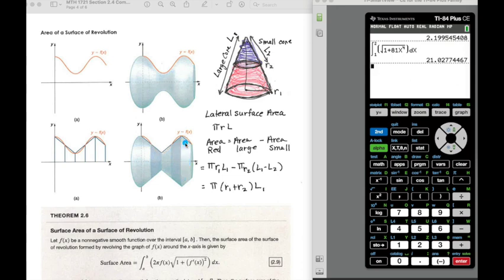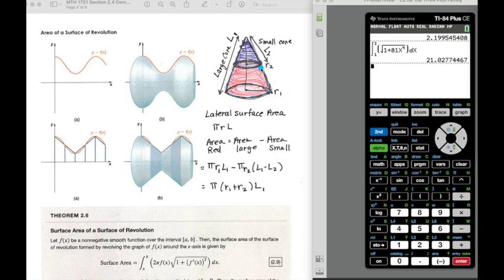So what we're going to do is come up with those slices. We're going to add up the surface area of those slices, and then we're going to take the limit as n approaches infinity, where we take an infinite number of slices to get our exact value. So what I want you to imagine is we have this cone, and I want to look at just the lateral area of this red part of the cone here.